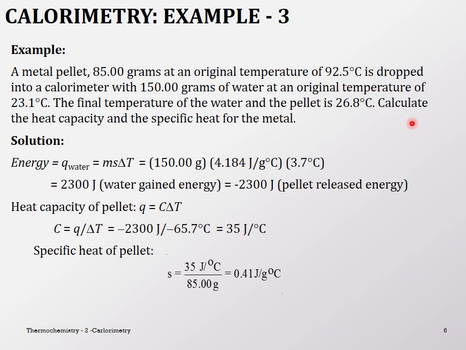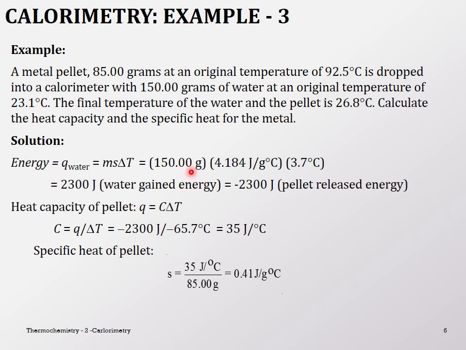So in this case, we have to calculate both the heat capacity as well as the specific heat for the metal. We're given the mass of the water, and of course the temperature of the pellet.